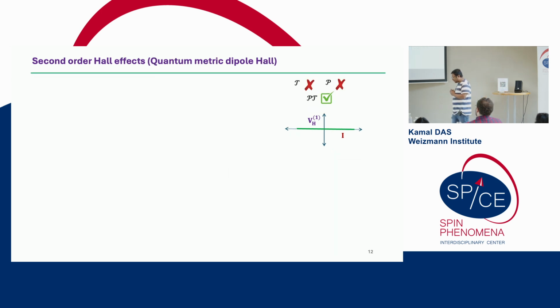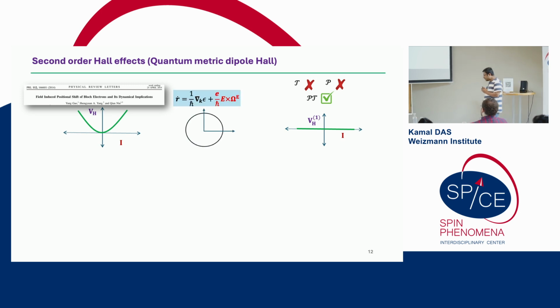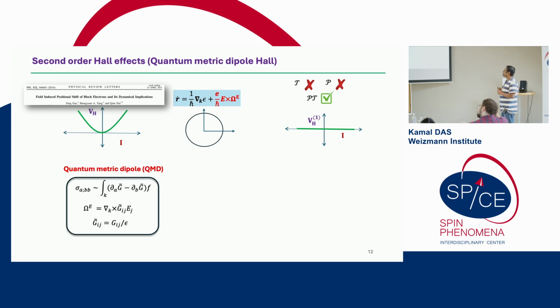Based on the other question, that in a PT symmetric system the linear anomalous Hall effect vanishes, back in 2014 Professor Xiao and company proposed another Hall effect, again characterized by this quadratic IV characteristic. But this time they said that this Hall effect originates from a second order correction to the anomalous velocity. There is no shift in the Fermi surface, so both the electric fields actually appear from the velocity.